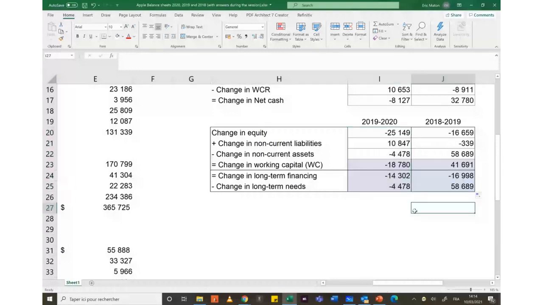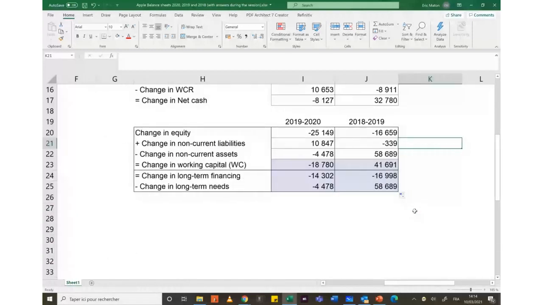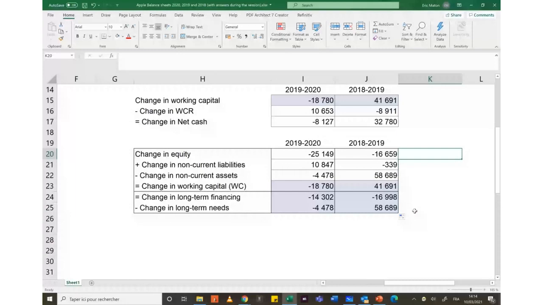But it was already the same situation in 2018-2019, the evolution from 2018 to 2019. We had a decrease in equity, decrease in non-current liabilities, so a huge decrease in long-term financing, but it was a totally different situation because in this situation, we decrease the non-current assets.